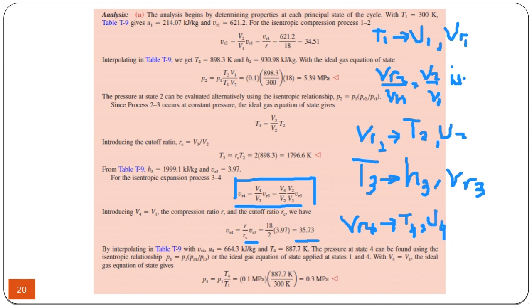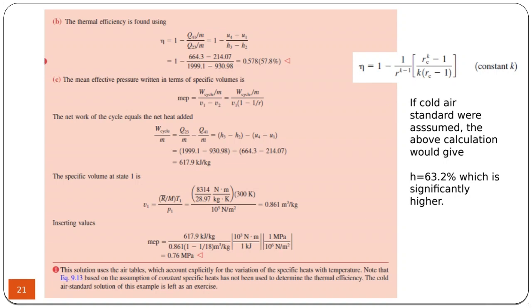Up to now, we already have all the temperatures, pressures, and necessary internal energies and enthalpies. So by using the values, we calculate first the efficiency. Efficiency is the net work divided by Q in, or instead of writing net work, we can write Q in minus Q out. So Q in minus Q out is the net Q divided by Q in. Then it gives you this part.